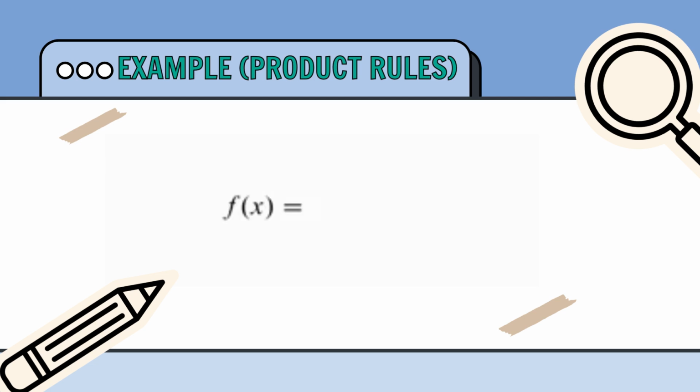Consider the function sin x times cosine x. We already know that sin x is an odd function and cosine x is an even function. So do we really have to plug in values to determine whether their product is even or odd? It turns out we don't have to.